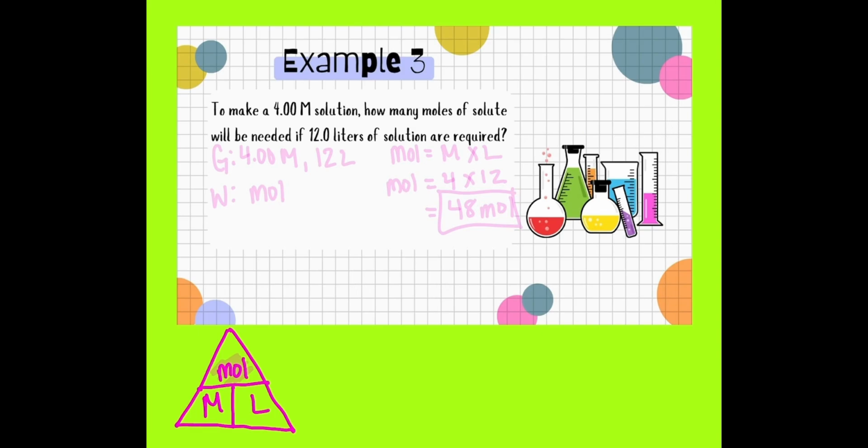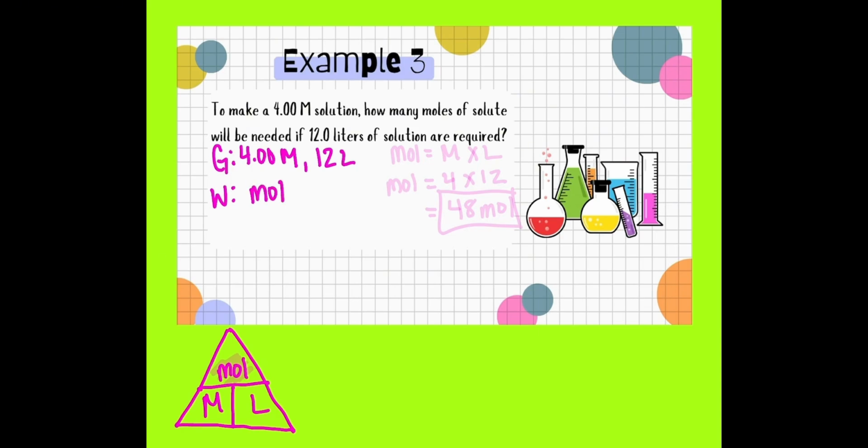Okay, so I'm going to make a list of my given and my want. I was given 4.00 molarity of a solution, and I was also given 12 liters of a solution. And then what I want: it is asking me how many moles. So I want to find mole.